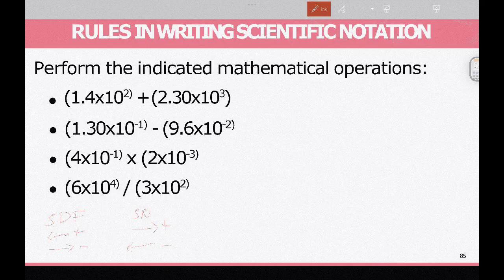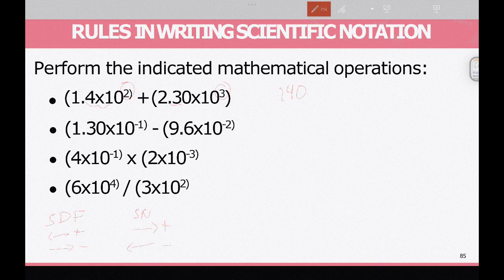To make it clear, example on this one. Since the integer here is positive, the movement of the decimal point here will be to the left twice. So that will be 1, 2. So we got 140. And then here, since we have a positive integer of 3, we move it 3 times.